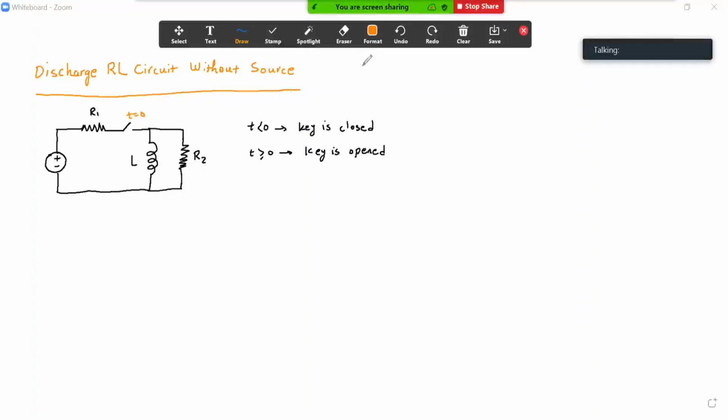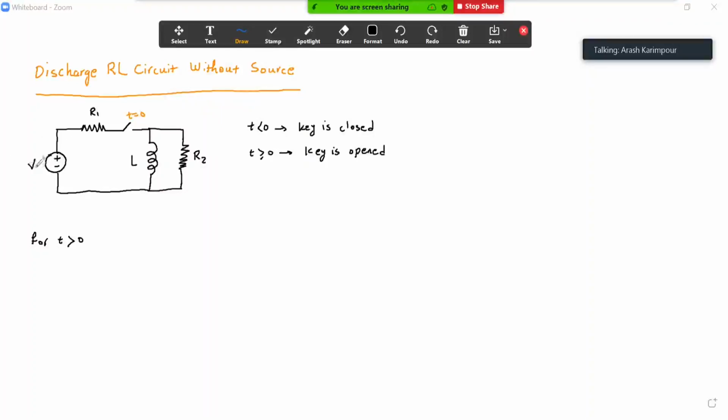Let's put it down here. I can say that for t larger than 0, when we open the key, the left part of that circuit is not doing anything because it's open, so no current goes there, nothing happens there.